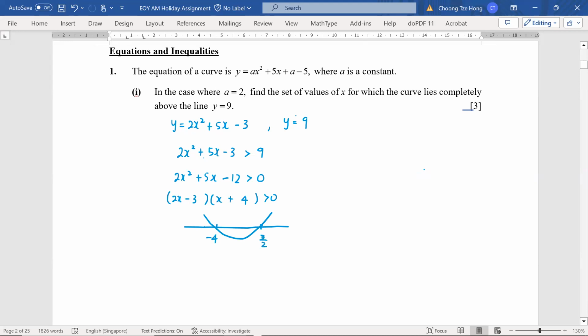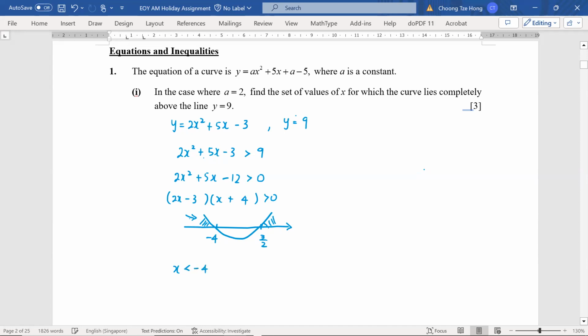Now we want greater than 0, so we shade the part that is above the horizontal line, above the x-axis. We shade these two parts, and then we get our answer simply by stating the values of x for the regions that we have shaded. The first region is to the left of minus 4, so we have x less than minus 4.